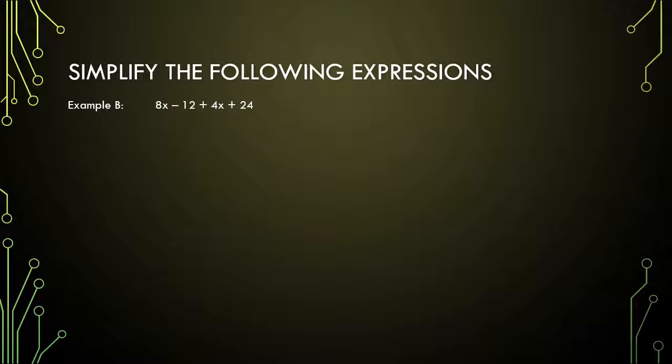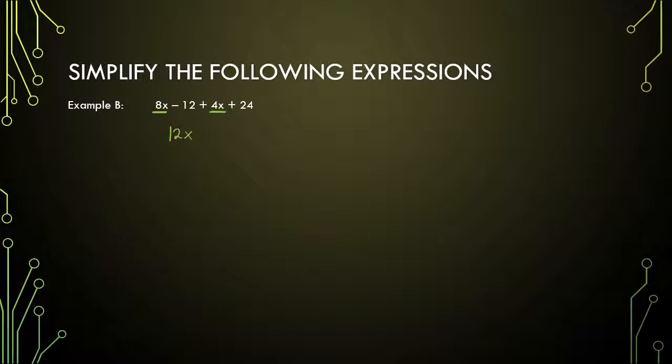For example B, we're simplifying 8x minus 12 plus 4x plus 24. What we need to do is combine like terms. My like terms include 8x and 4x, which when I combine those, we get 12x.